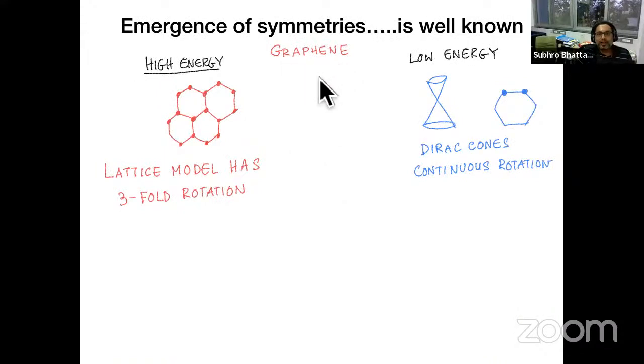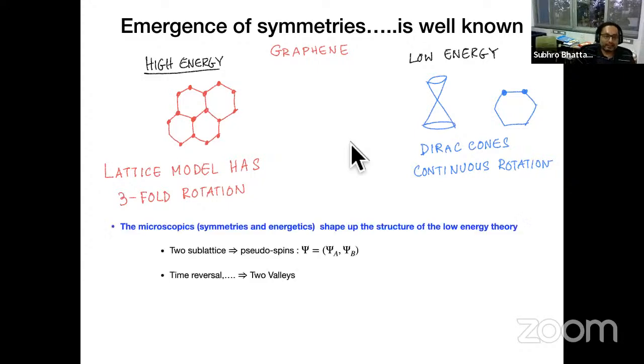For example, in graphene, which has been discussed over the past 2 days, the high energy physics consists of the lattice model of electrons on a honeycomb lattice, which has threefold rotational symmetry. But at low energy, we end up with Dirac cones for the electrons, and we get continuous rotation symmetry, which is then broken softly as we go to higher and higher energy.